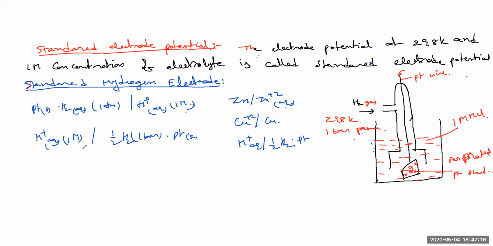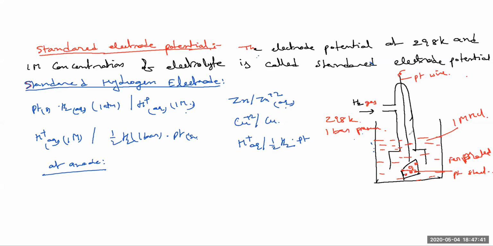Now, if the standard hydrogen electrode acts as anode, then oxidation takes place at the anode. The standard hydrogen electrode potential is used as a reference electrode to determine the E naught values of all other electrodes.